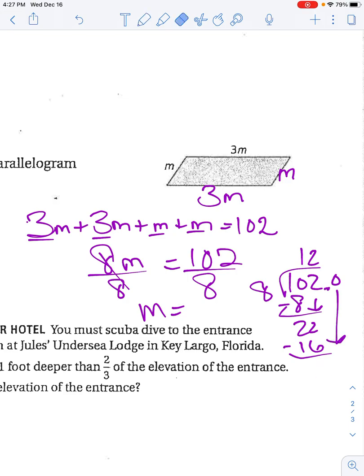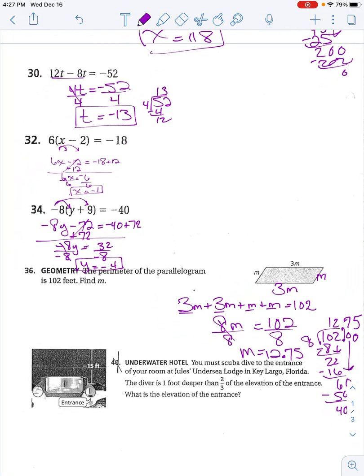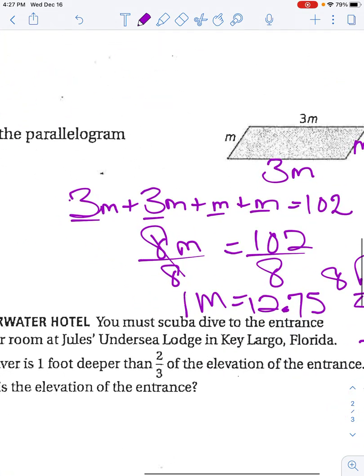Oh, I think that might be a 6. Hold on. 17, 18, 19, 20, 1, 2. That's a 6. I had to count on my fingers, y'all. 8 into 60 goes 7, which is 56. Add 1 more 0. So m is 12.75. I don't think it gave us feet or anything like that. Yeah, it did. Feet.